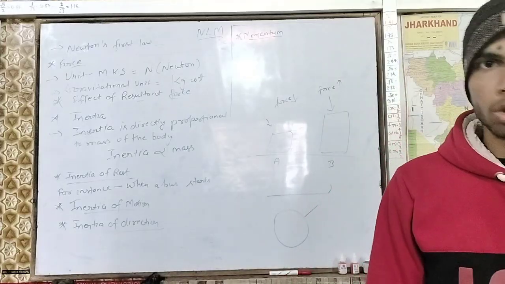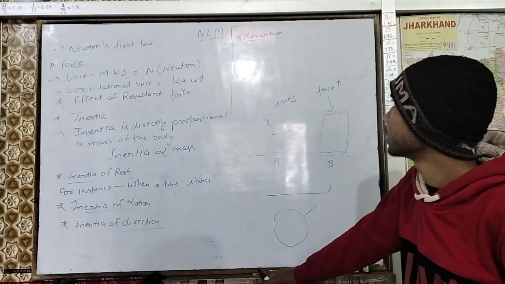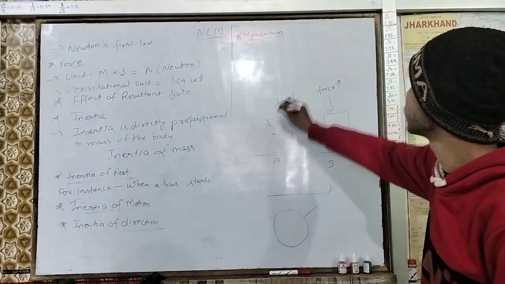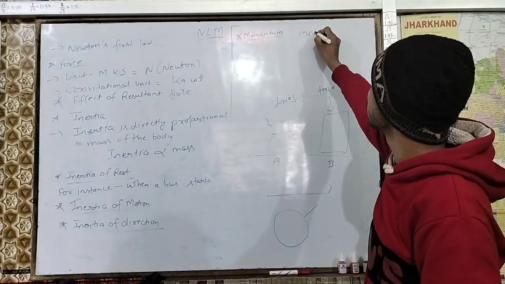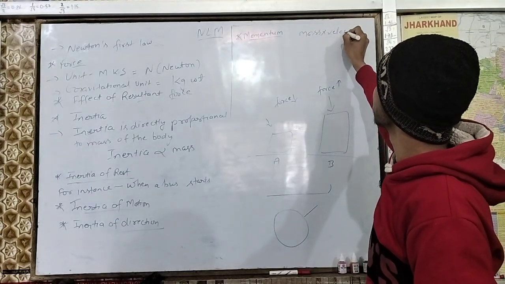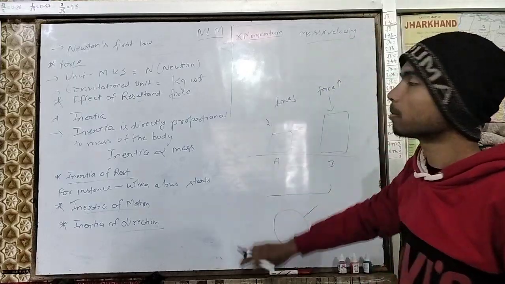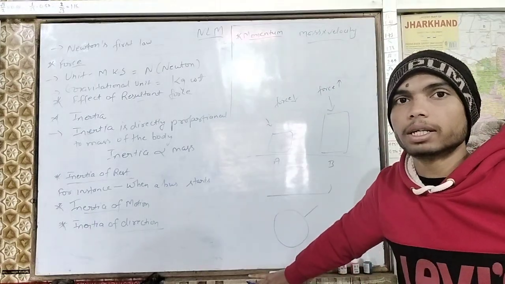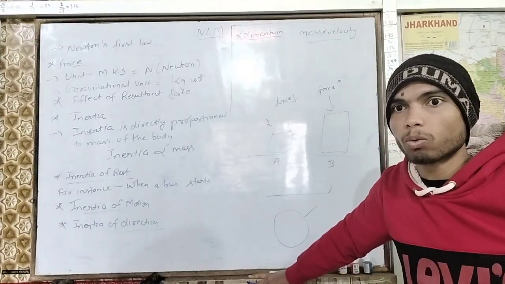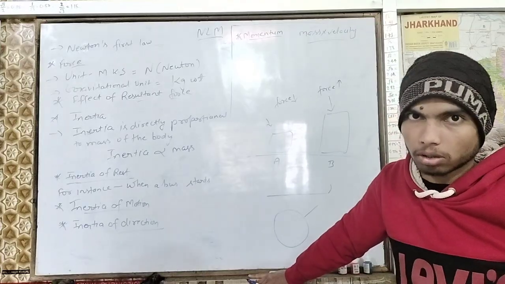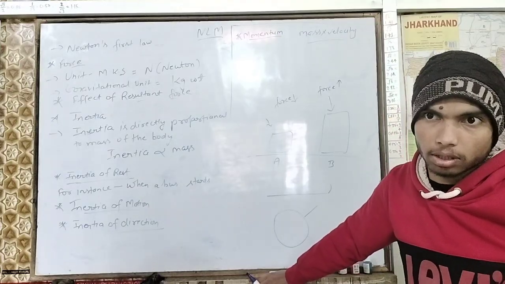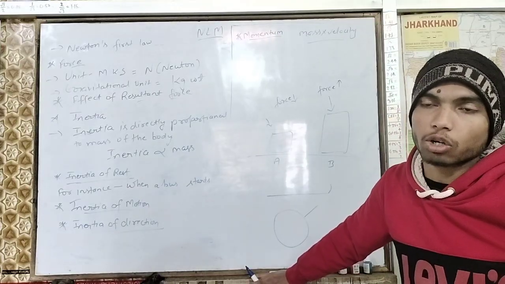The definition is that it is a product of mass multiplied by velocity. When we take mass multiplied by velocity, we get momentum. Momentum means the amount of motion of the object and in which direction that object is moving.